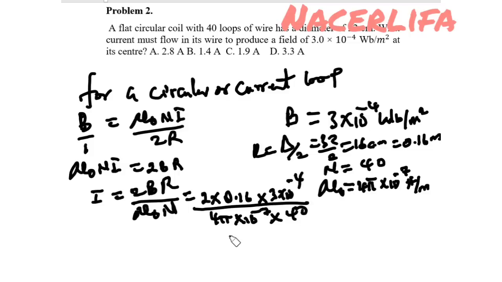So once you do this, you have 6 upon pi, and this is approximately 1.9 ampere. So option C is the correct answer.